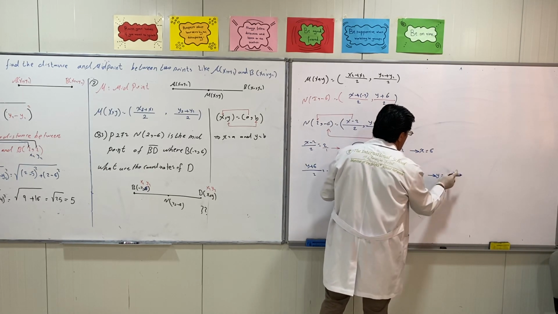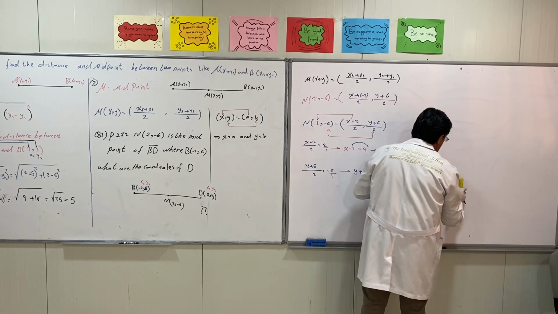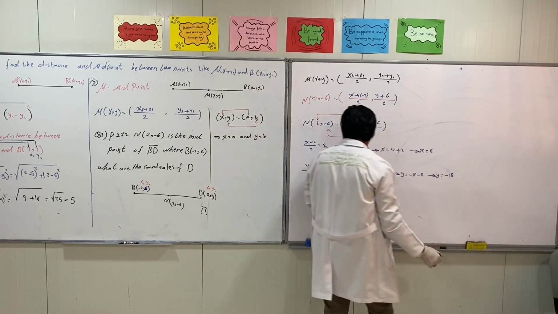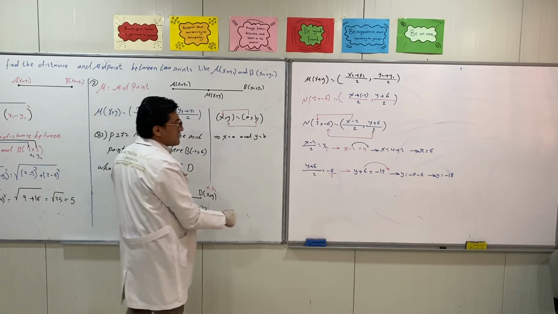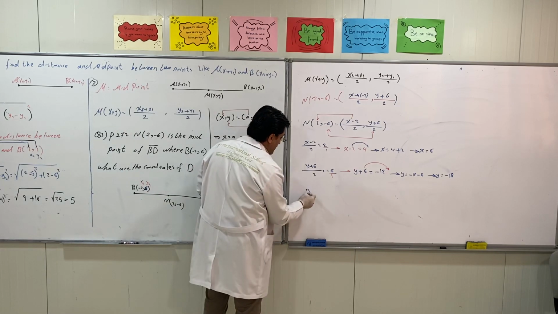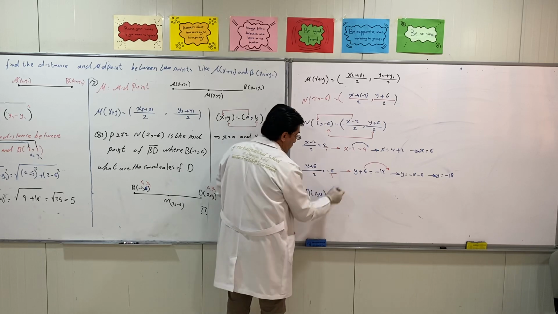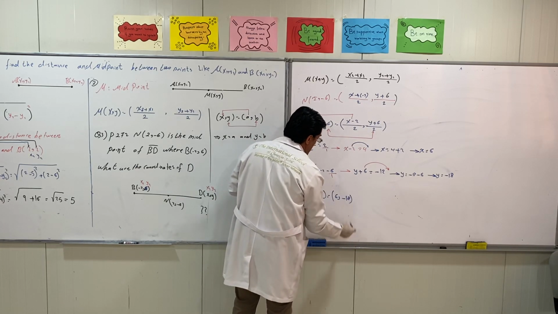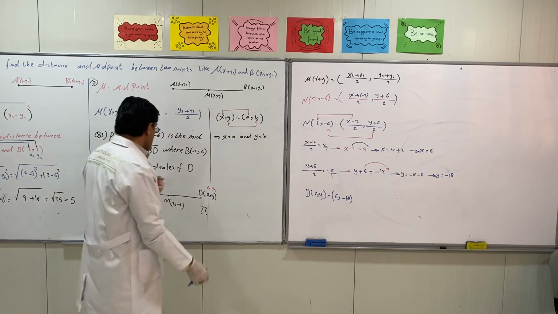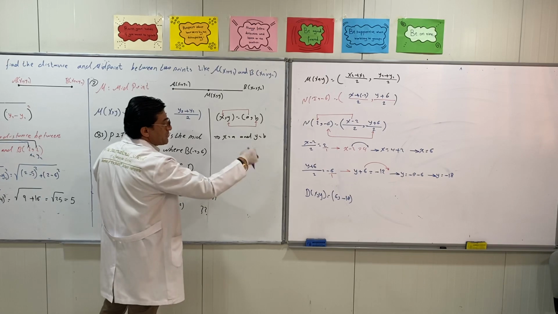Now we have the values of x and y. Point D is (x, y), so D equals (6, -18).